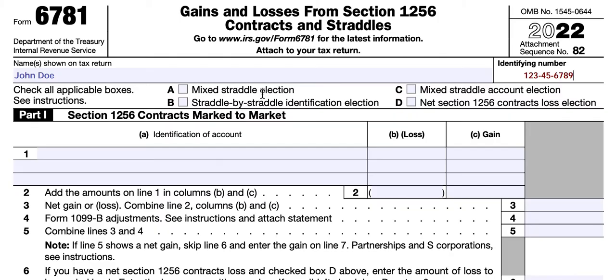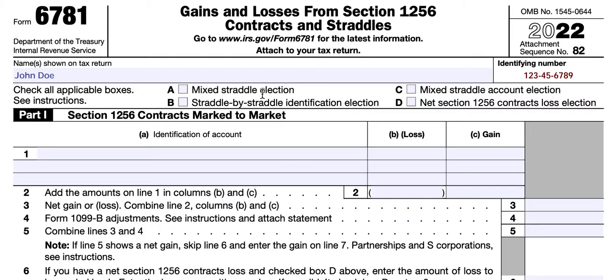A mixed straddle is a straddle in which at least one, but not all, of the positions is a Section 1256 contract. On the first day that the first Section 1256 contract is acquired, each position forming part of the straddle must be clearly identified as part of that straddle. If you make that election, you can't revoke it without IRS consent.